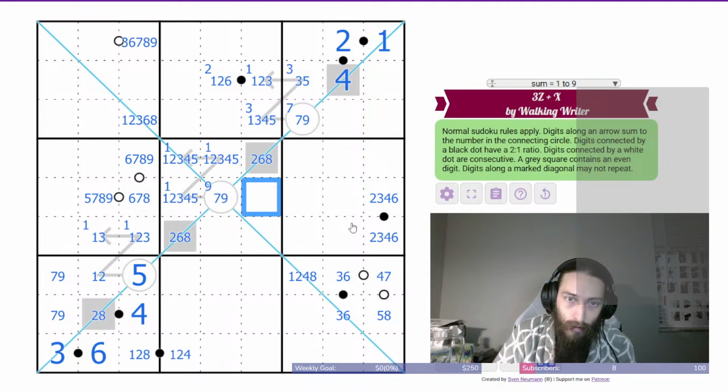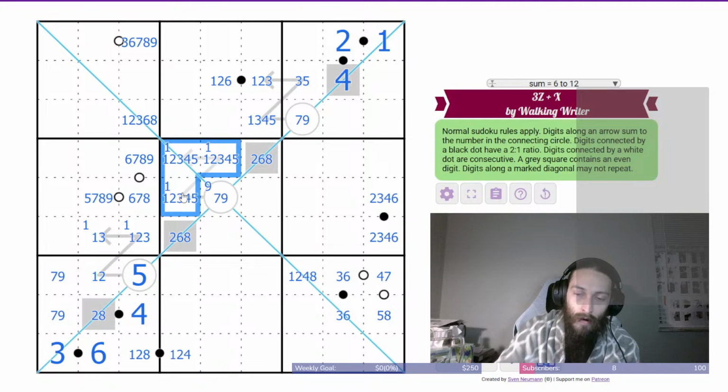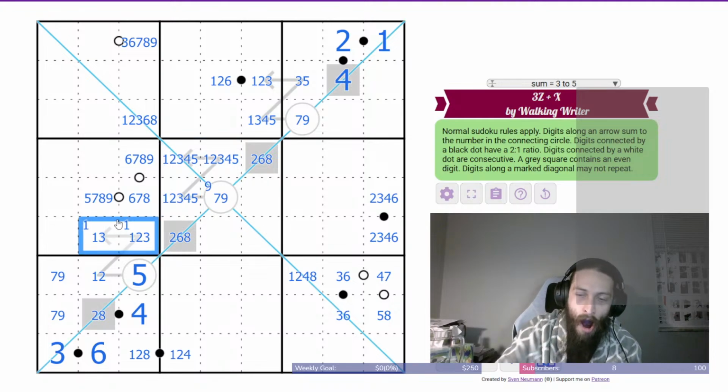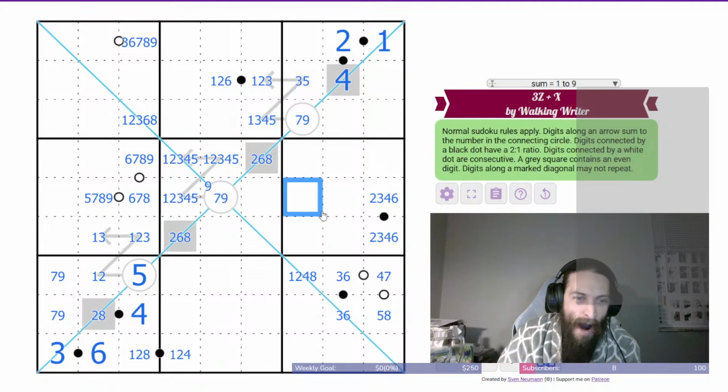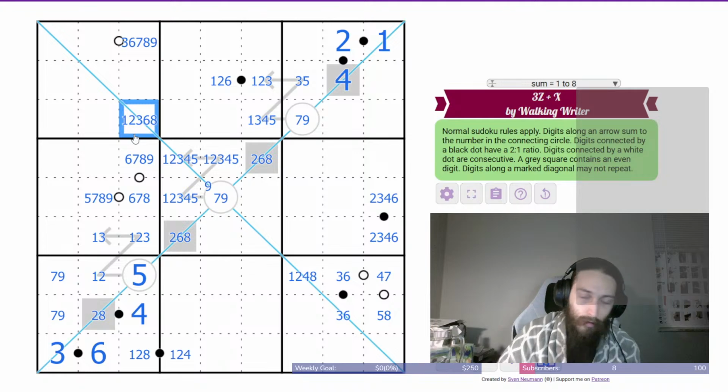What are we missing? Well, knowing 1 has to be here and 1 has to be there, this isn't a 1.